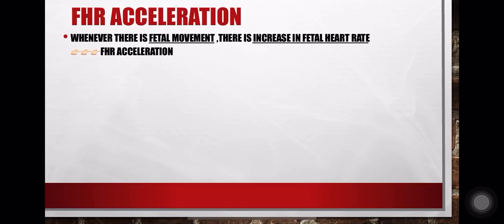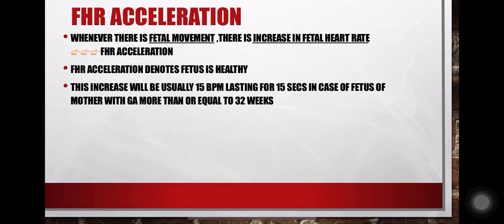What is a fetal heart rate acceleration? Whenever there is fetal movement, there is an increase in fetal heart rate, and this is called fetal heart rate acceleration. Fetal heart rate acceleration denotes the fetus is healthy.